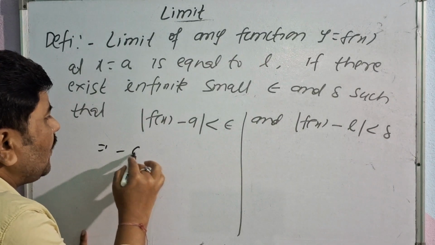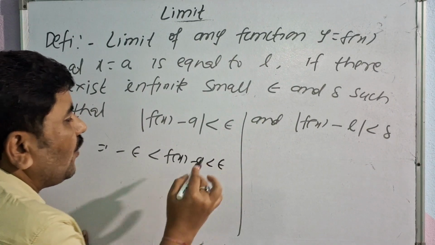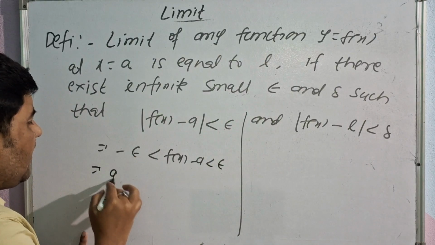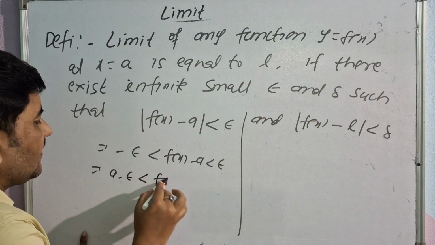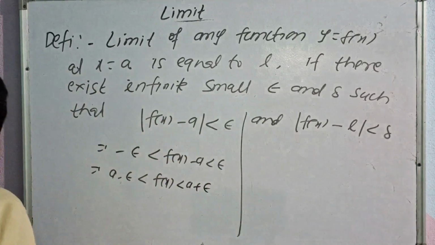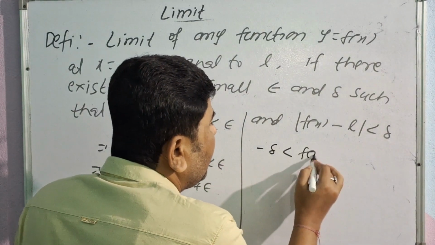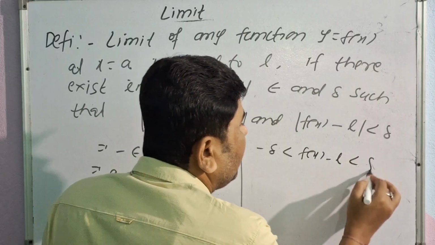Here, minus epsilon less than x minus a less than epsilon, so a minus epsilon less than x less than a plus epsilon. Similarly, minus delta less than f(x) minus L less than delta.